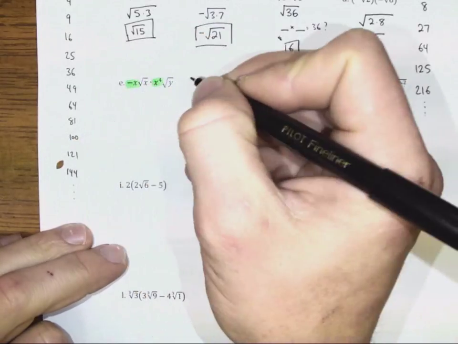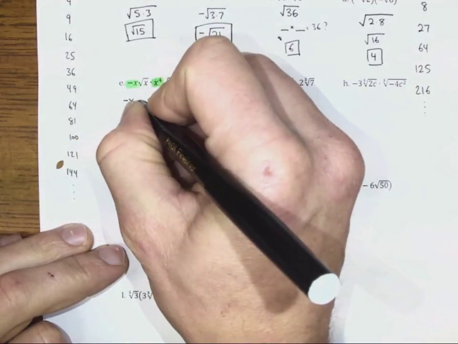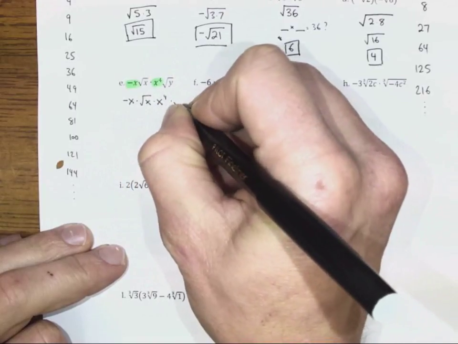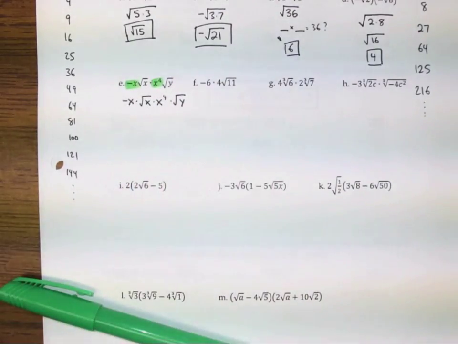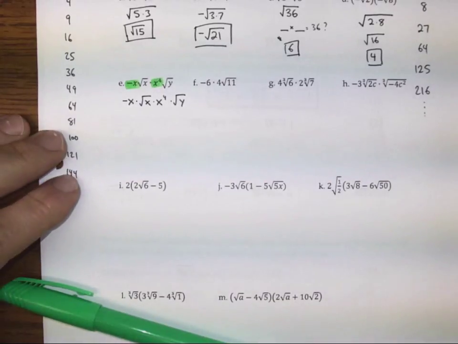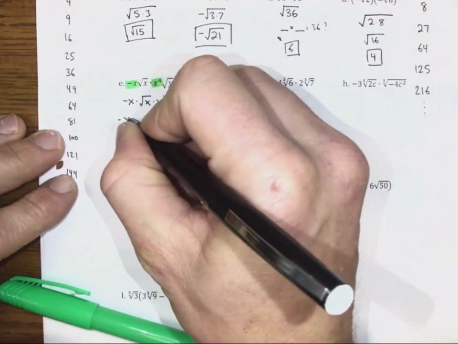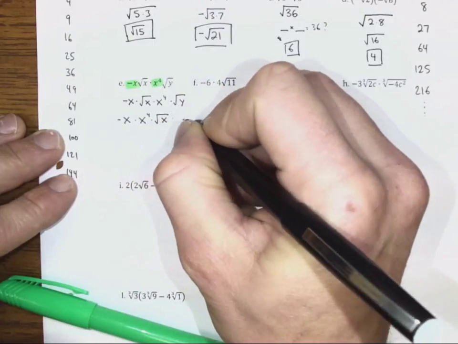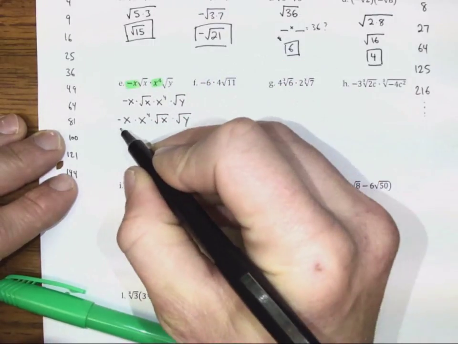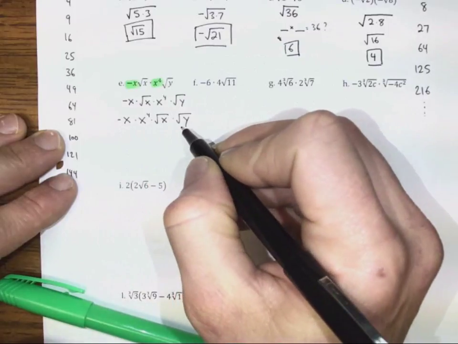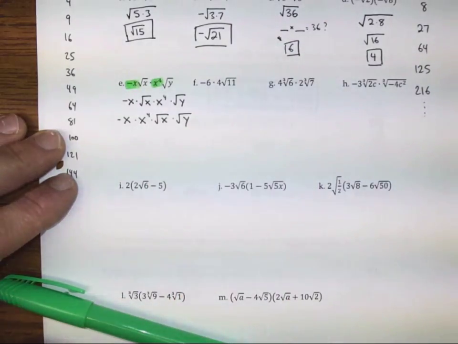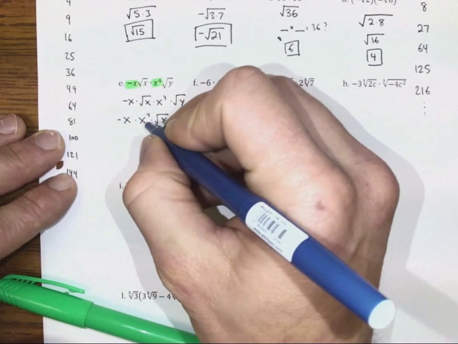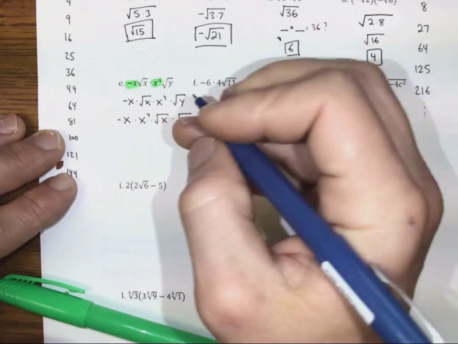So it's worth mentioning that this means -x times root x times x to the power 4 times root y. And it doesn't matter what order you multiply things in, right? So I could rewrite this as -x times x to the power 4 times root x times root y. In other words, getting all my coefficients together and all my radicals together. That's not a necessary step, but just to illustrate that that's really what's happening here.